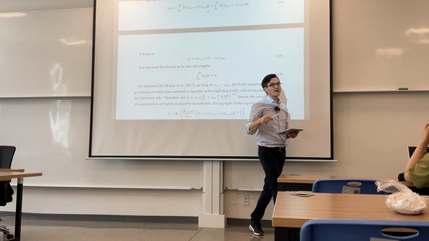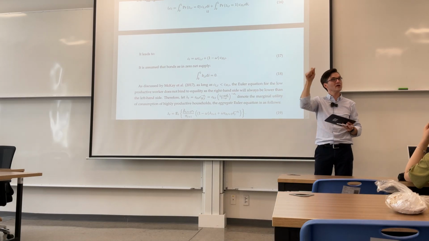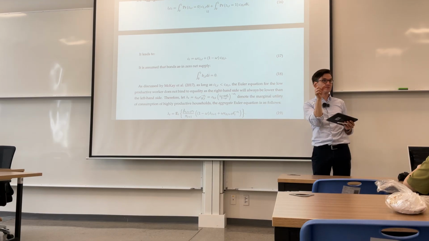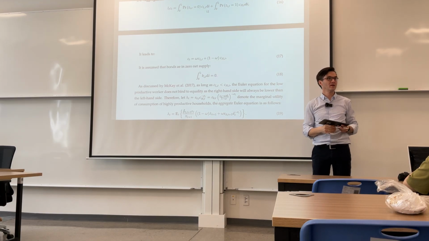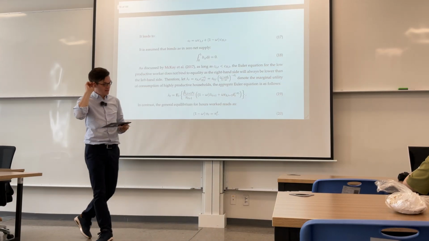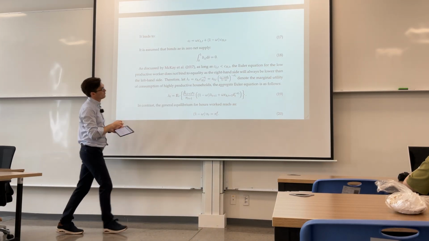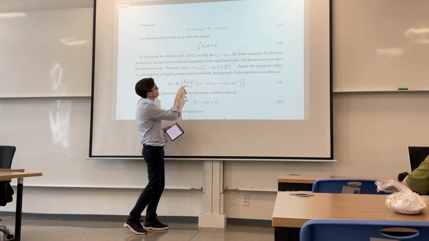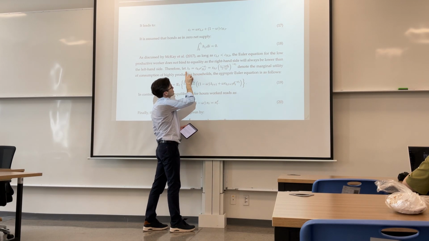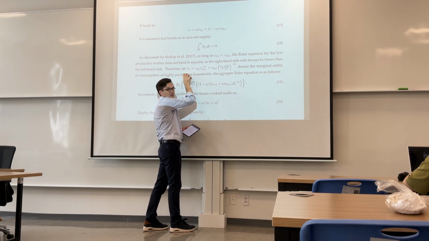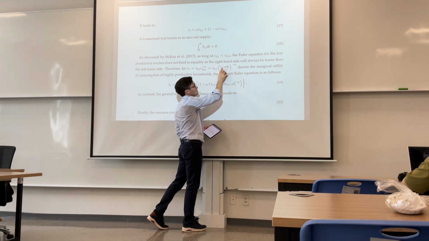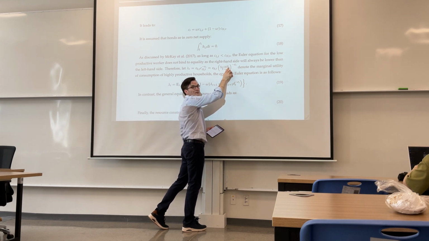Now you have to work with this expression, and when you work out aggregate consumption, that's how the omega comes into the consumption that's relevant for marginal cost. When you work through these equations, there are subtle differences, because, for instance, you can already anticipate this here. This is the marginal utility of the rich guys. If you differentiate the utility function for the rich guys, you can write it in terms of aggregate consumption minus the consumption of the poor guys.